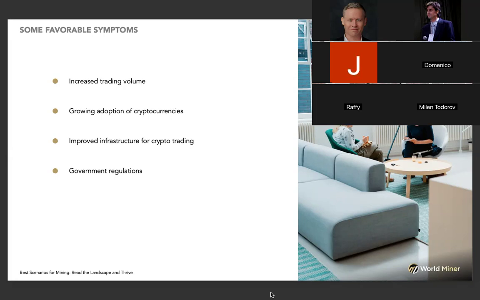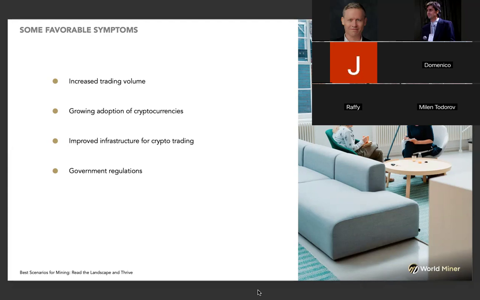Improved infrastructure in crypto trading, such as exchanges and wallets, can also make the market more attractive to investors. So we can see that, for example, in this last couple of weeks in Turkey, where they have now opened the licensing for crypto exchanges, I think last week's count was 76 different crypto exchanges asking for a license in Turkey.